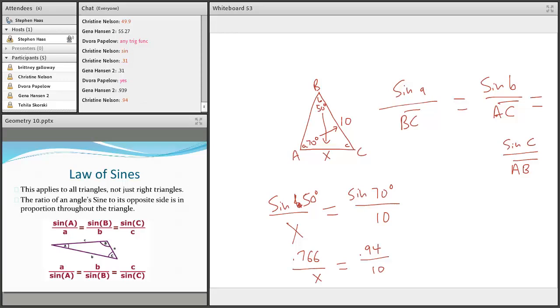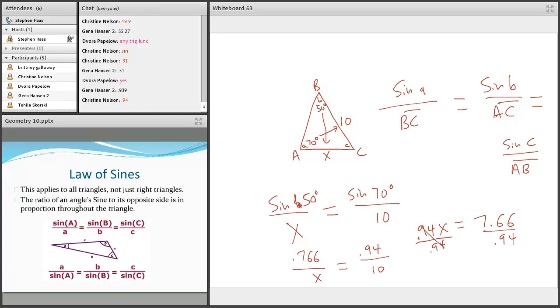And then you'd cross multiply, so you'd have x times 0.94 equals 10 times 0.766, which is 7.66. So then you would divide each side by 0.94. And okay, what's 7.66 divided by 0.94? Do it in your calculator. I guess about 6.7 or 6.8.